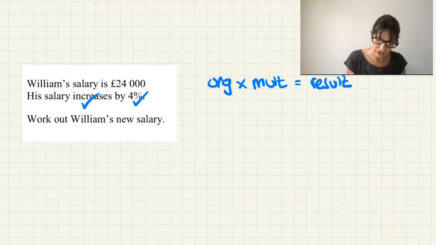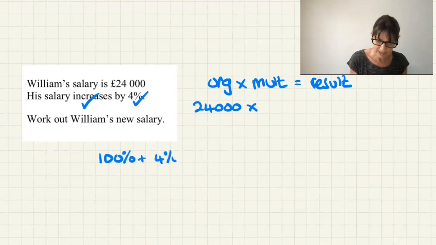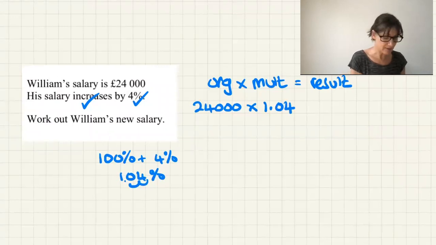I have got an original of 24,000 and timesing that by a multiplier that I have to work out. Plus 4% is 104%, in 2 places. It's going to be 1.04. I'm going to stick that in my calculator as we're doing it.